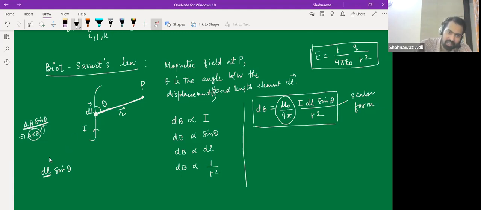So we need another vector to represent the cross product. So if I write something like this, and then sine theta, what is the magnitude of a unit vector?